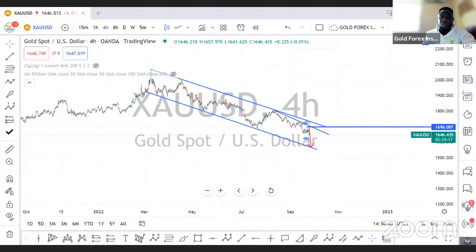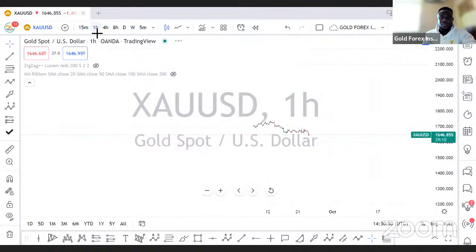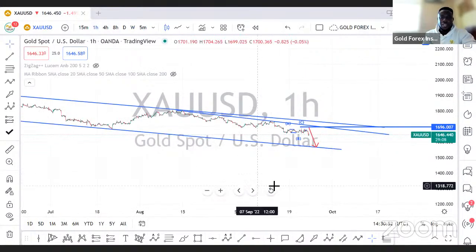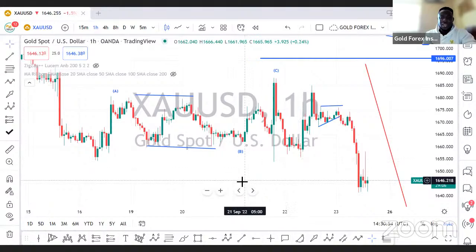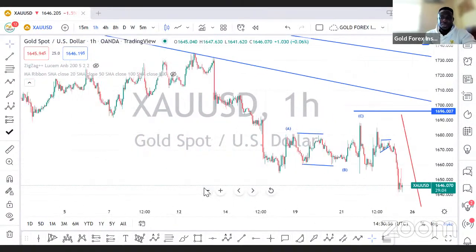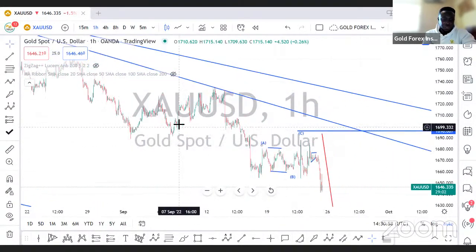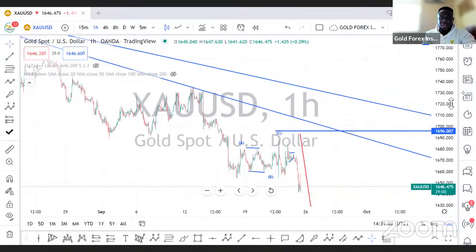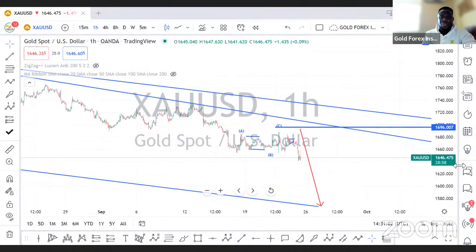Now, the immediate approach is this one. Yesterday I made the signal. I gave the trade setup in the groups. So if you were in the groups, you would have made a lot of money on gold now. It has not finished. Gold is coming all the way down to this point.